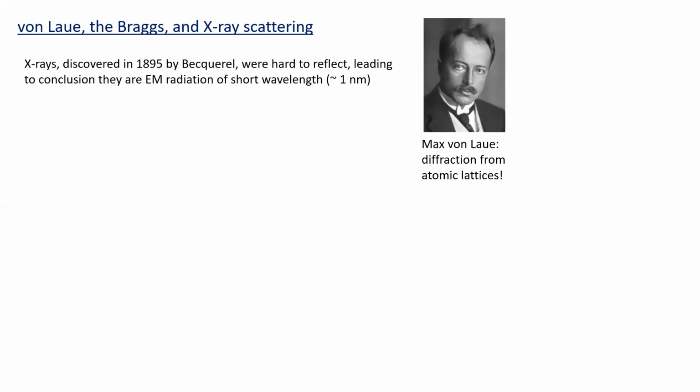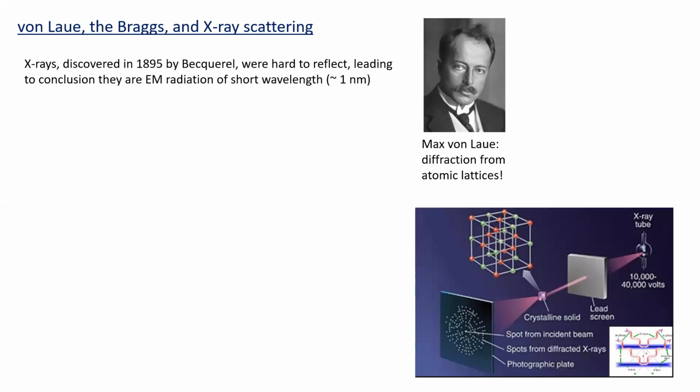And a German physicist named Max von Laue in the 1910s had the idea that with wavelengths of 1 nanometer, they might be able to diffract from atomic lattices, because it was known that atoms were on the order of a nanometer in size. This is a setup of how that would work, in some of the initial experiments and indeed current experiments. There's an X-ray tube here, and electrons would be decelerated rapidly enough to give off X-rays.